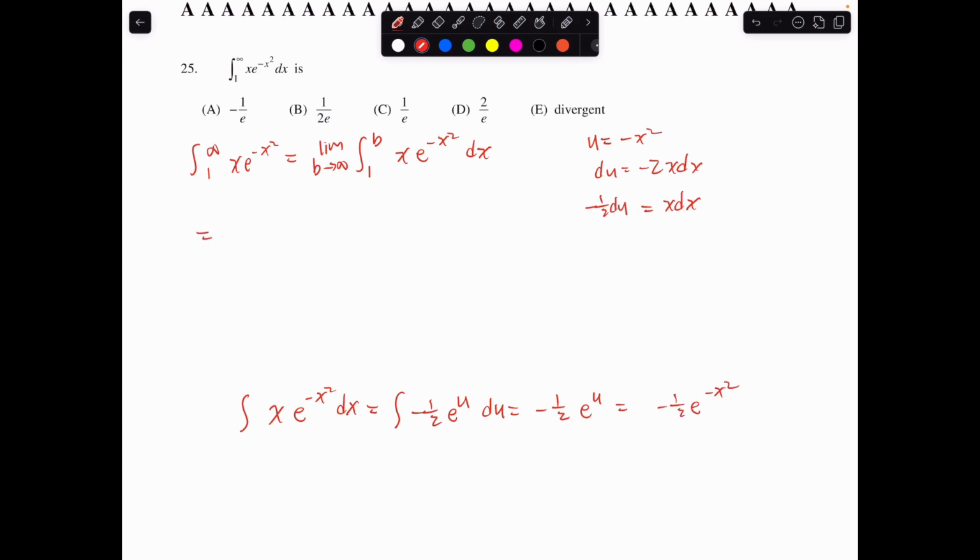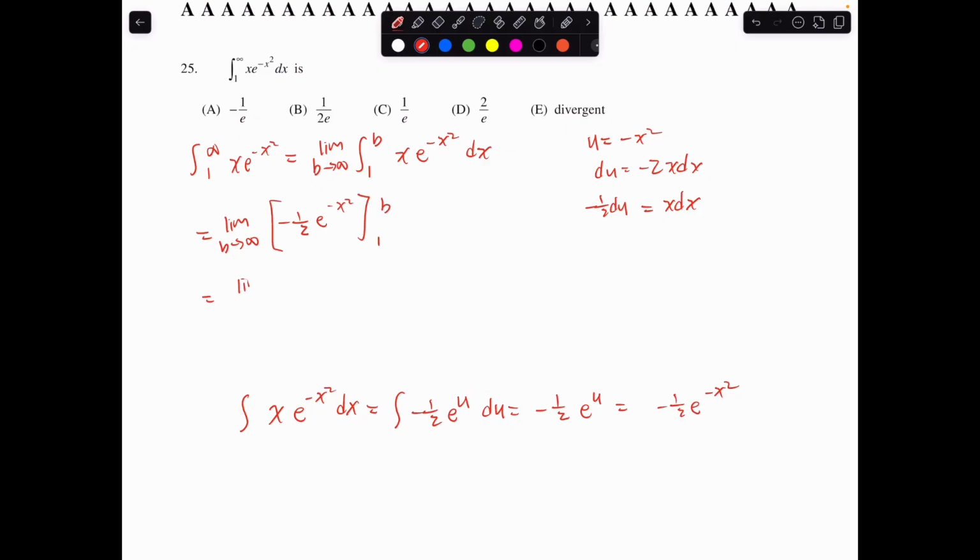That means if I go back to the original integral, it's the limit as b goes to infinity of negative 1/2 e to the negative x squared, evaluated from 1 to b.